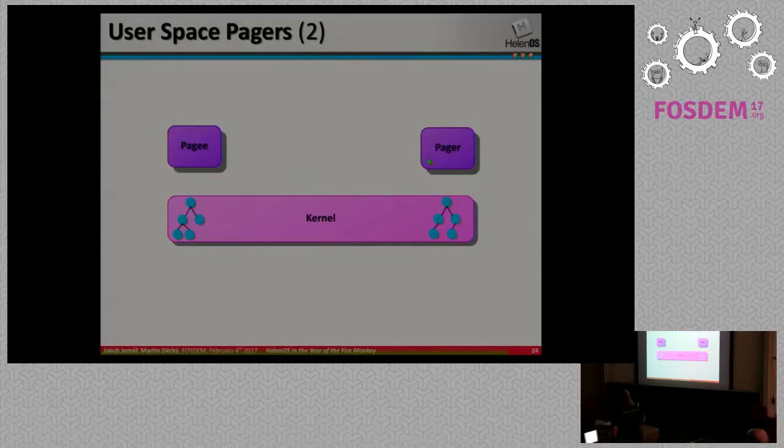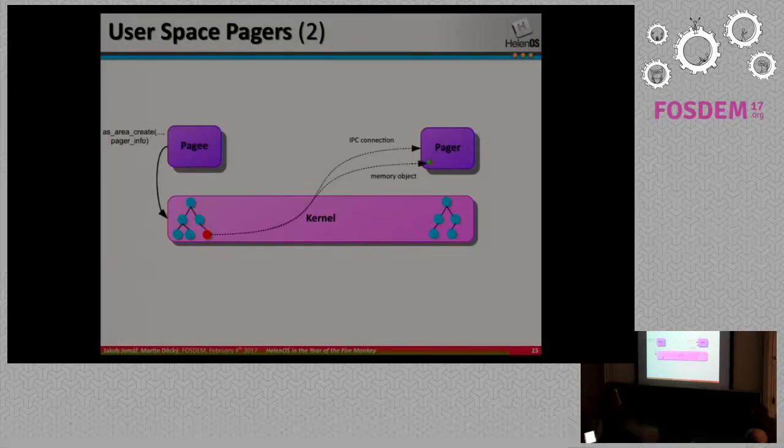Each of these tasks has its virtual memory map in the kernel, and first a new address space area is created by the client, a special kind of virtual memory area with that user pager. Then this creates a dedicated IPC connection to the server.